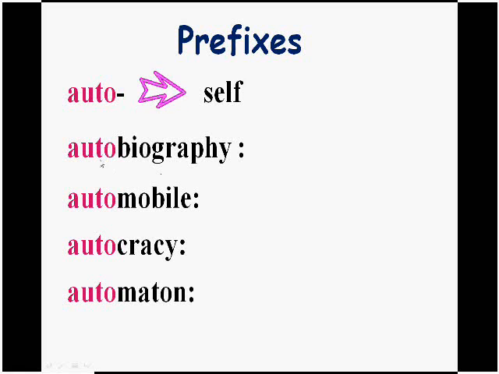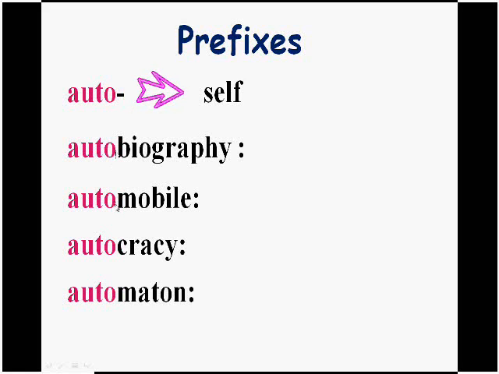We have lots of words like autobiography, automobile, autocracy, automation. If you don't know the meaning of a word, and you find the prefix auto at the beginning, you just cut the word into pieces, and you will know that auto by itself means self.